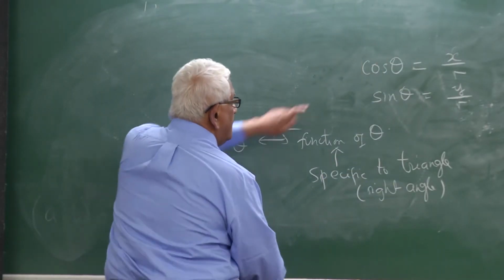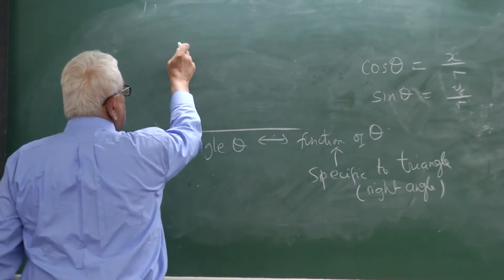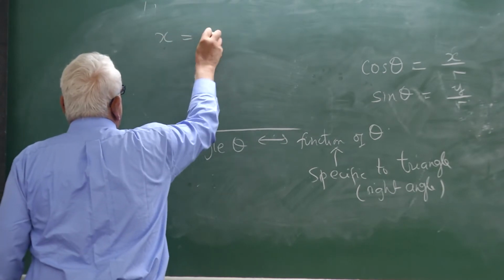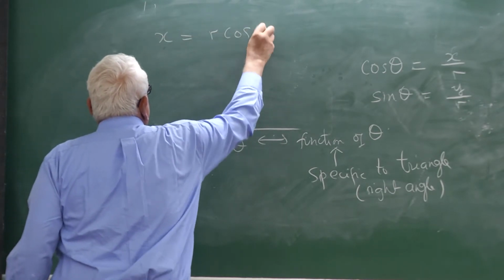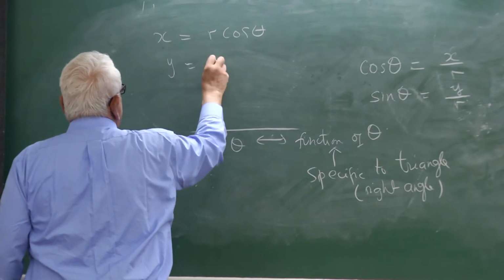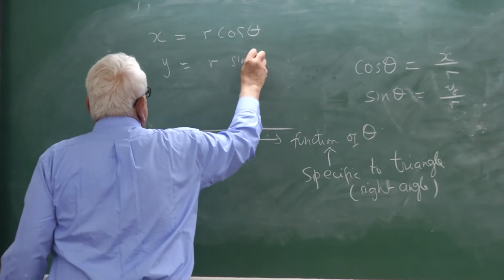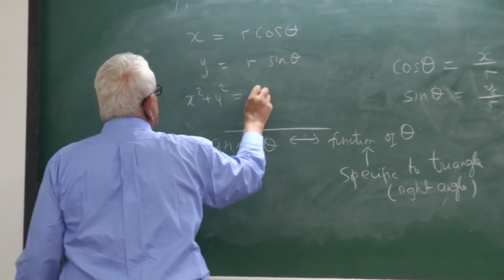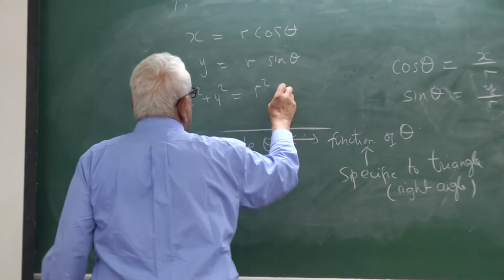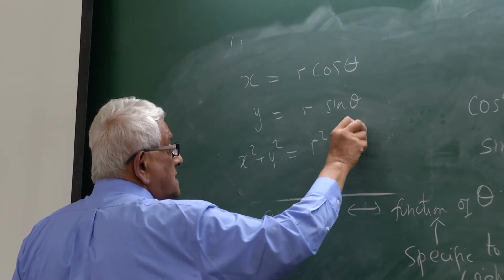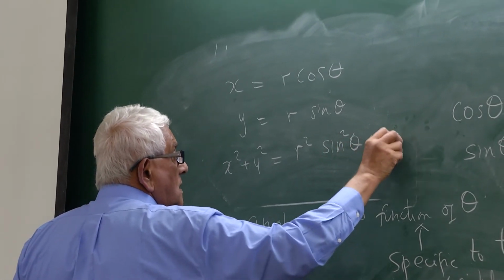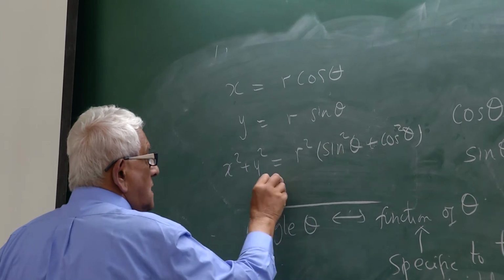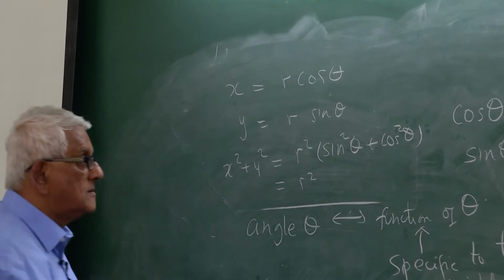So let us now follow this thing through. From this equation, we find that x is equal to r cosine theta, y is equal to r sine theta, then x squared plus y squared is r squared times sine squared theta plus cos squared theta, which is equal to r squared, right?